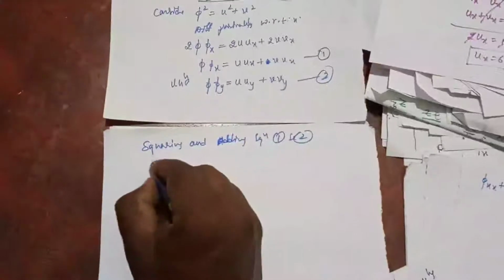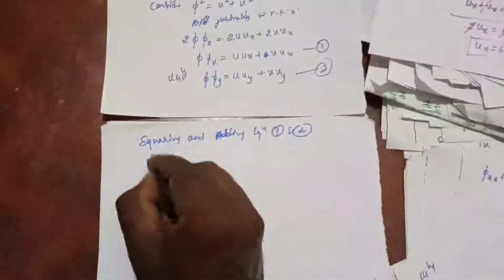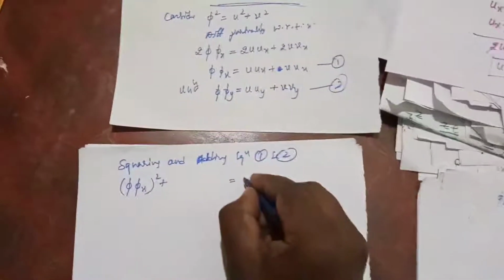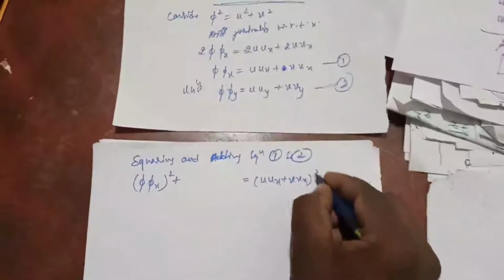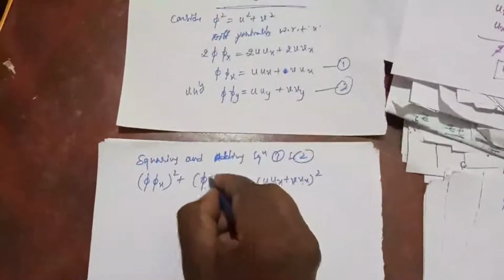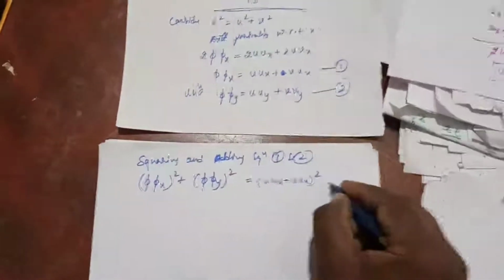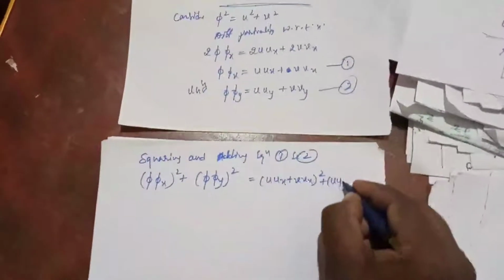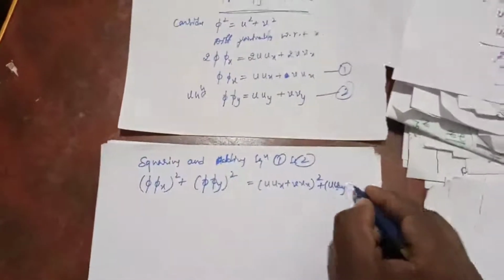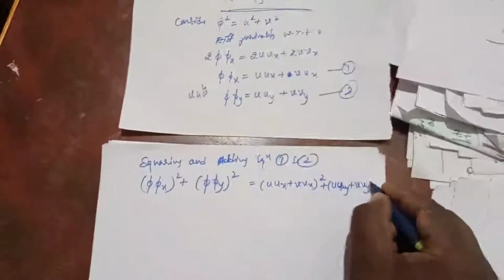So if we square, phi x whole square plus phi y whole square: phi x is u u x plus v v x, whole square, and phi y is u u y plus v v y, whole square.